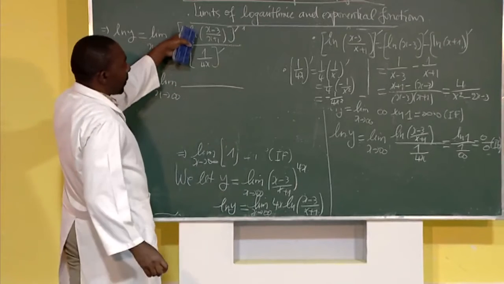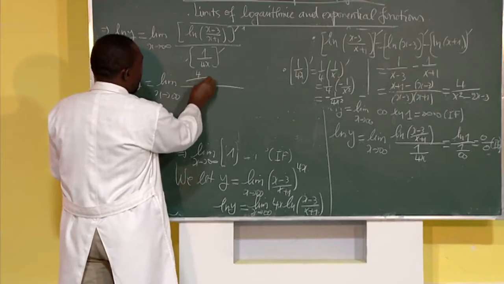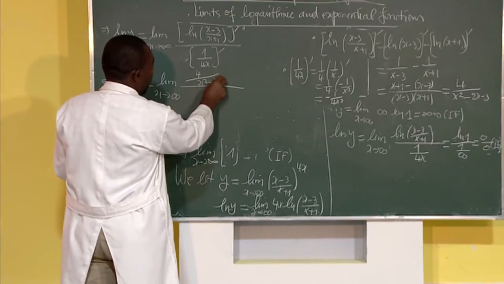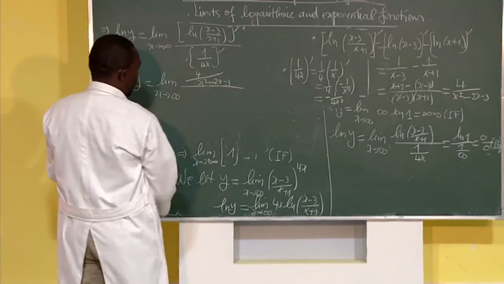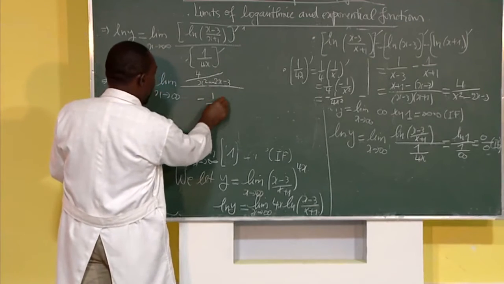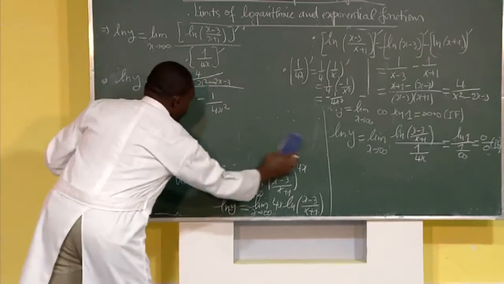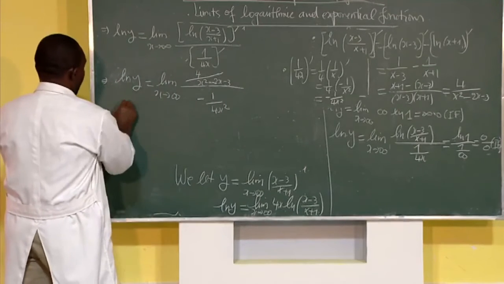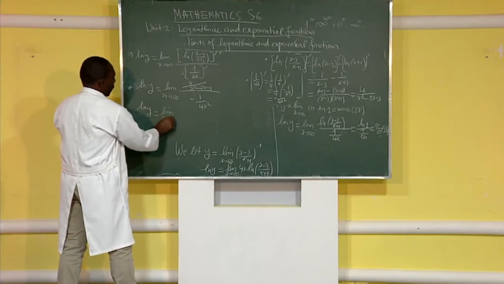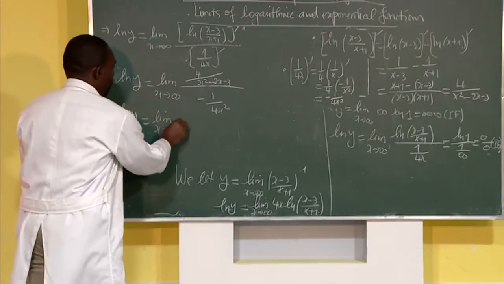My derivative was 4 divided by x squared minus 2x minus 3, divided by minus 1 divided by 4x squared. I'll be having ln y equals the limit x approaching to infinity. Are we together? Thank you.